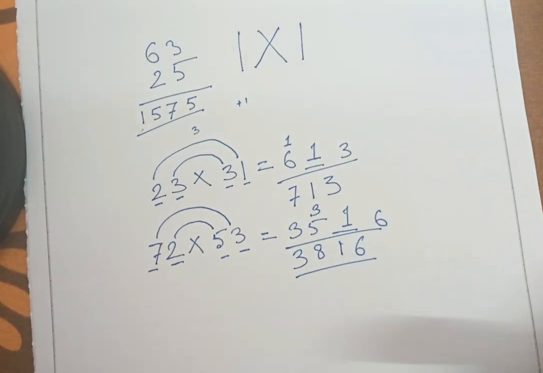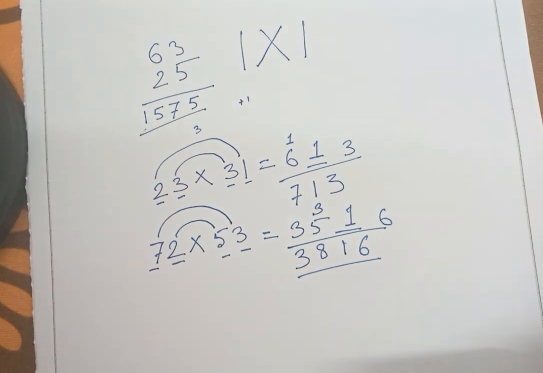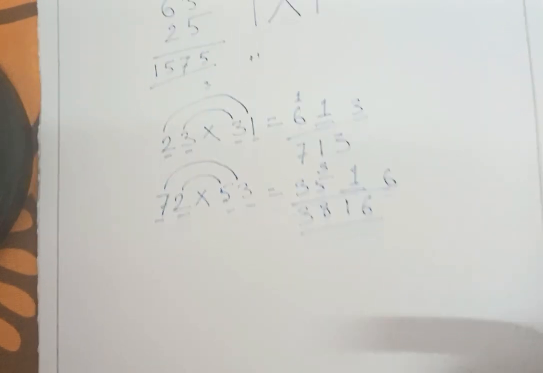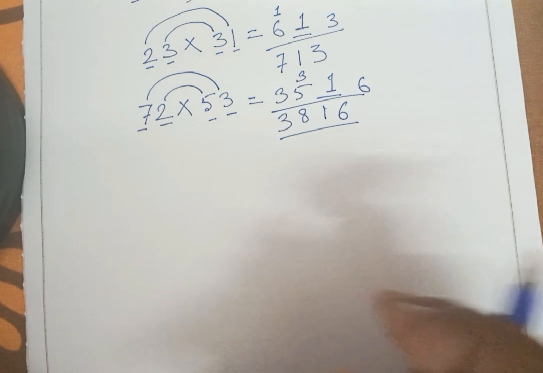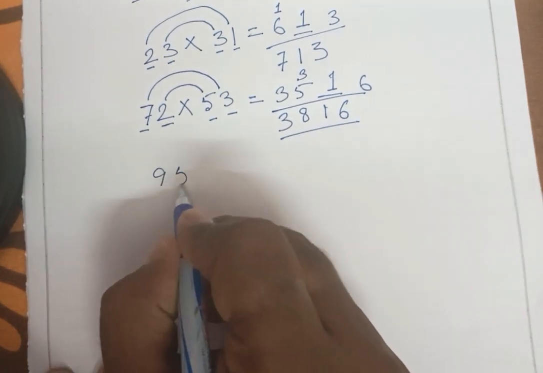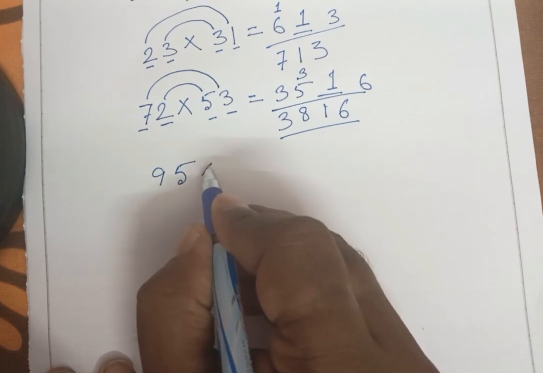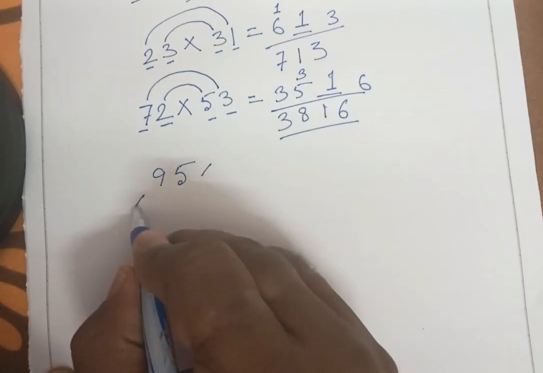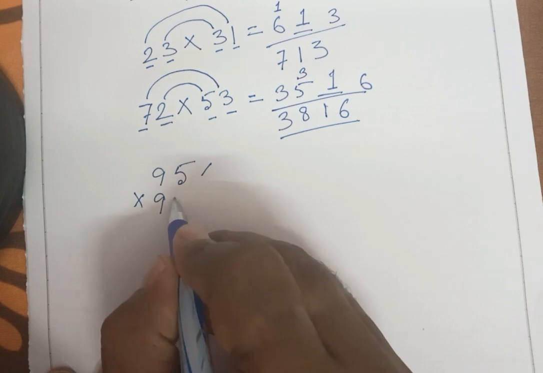Okay, very interesting. Now, if those digits are nearly 100, that is 95 multiplied with 92.